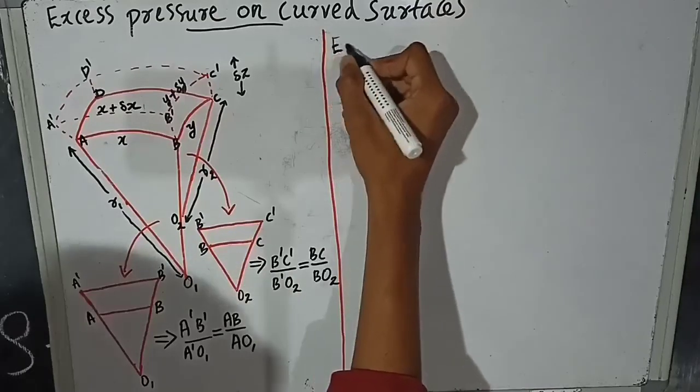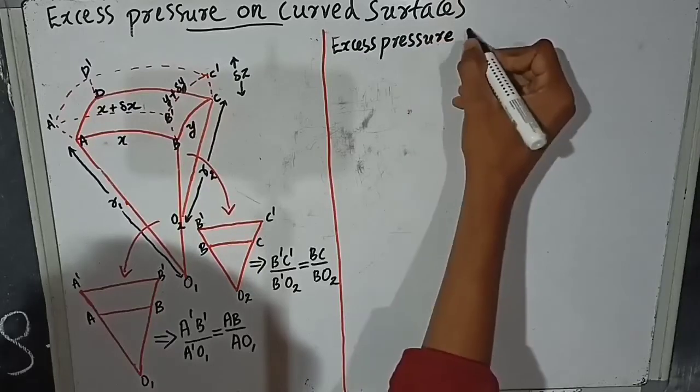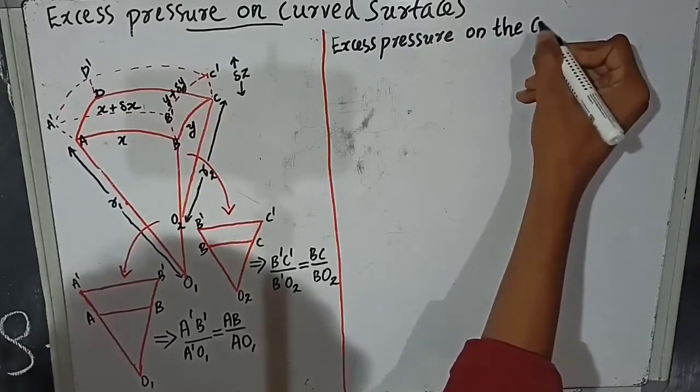We know that the excess pressure is just a pressure difference between the pressures that act above and below a surface.